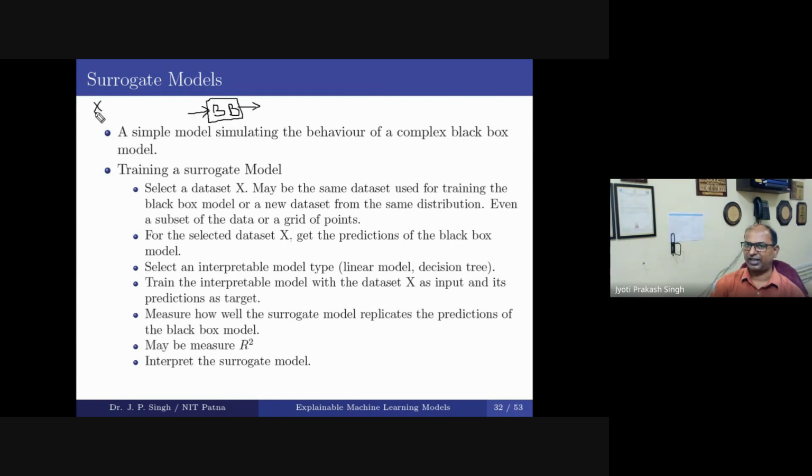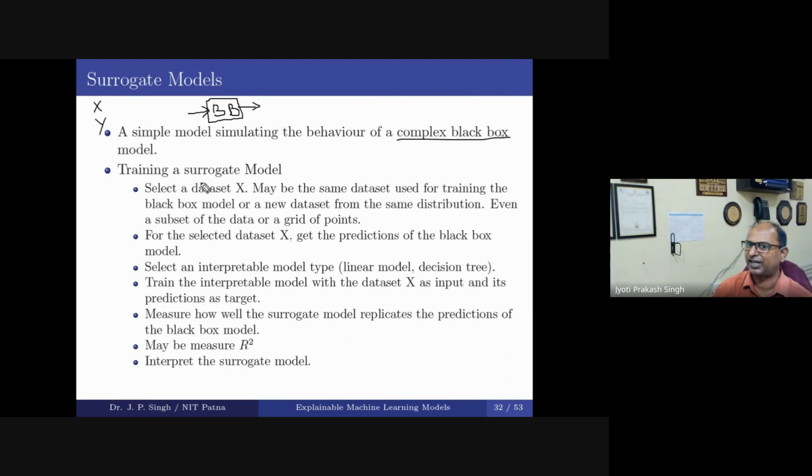So you had an X, you had a Y. I hope all of you will agree with this. If I want to create a complex black box model, I need to have a sufficient amount of data, X and their label Y. So we had such data sets, we created a complex black box model.